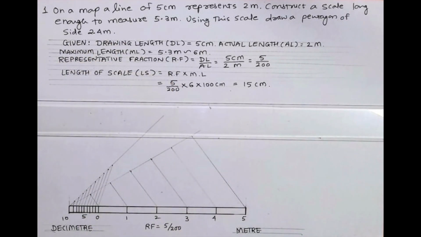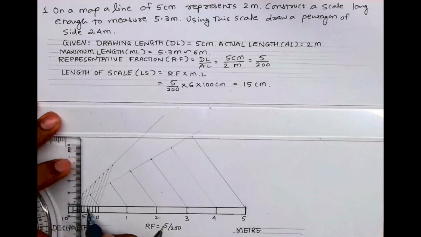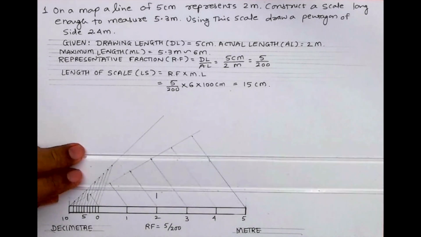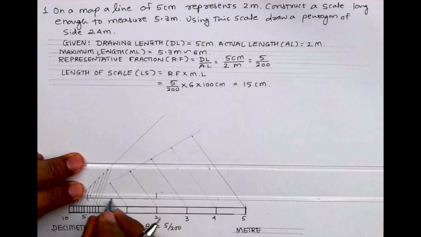Now we need to mark 2.4 meter. So we'll take 4 from here, 4 decimeter and 2 meter. So this way we'll mark 2.4 meter.